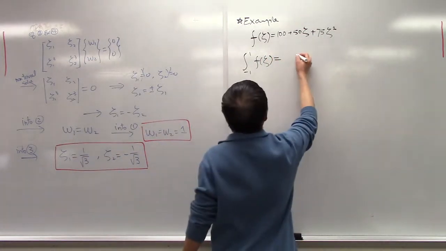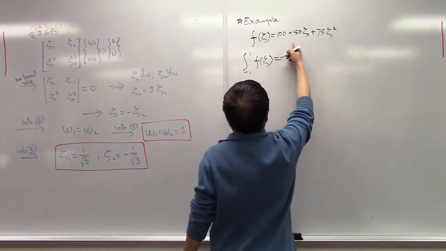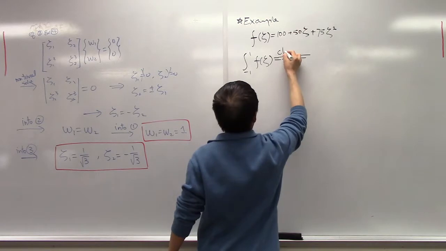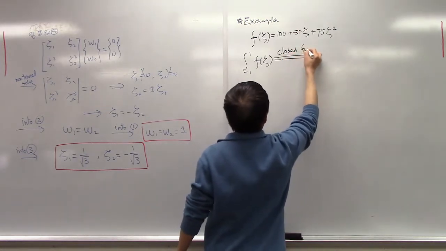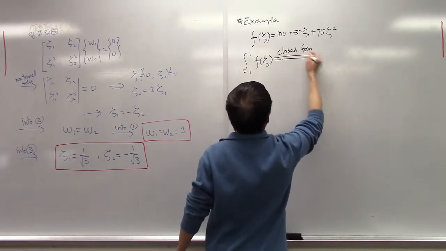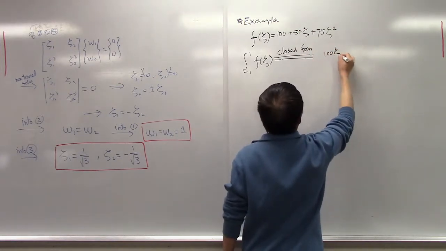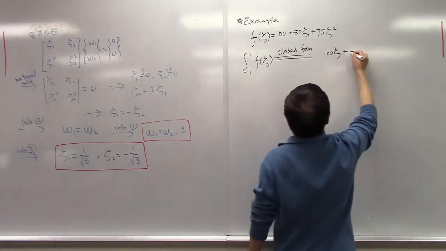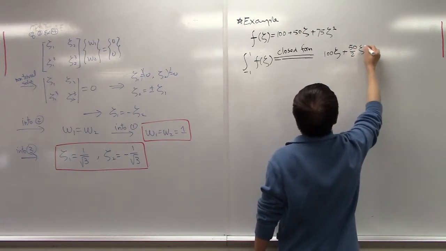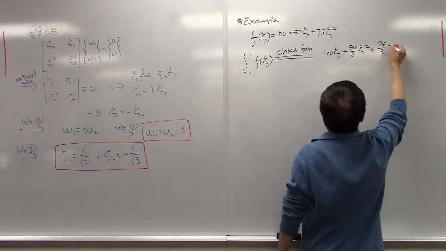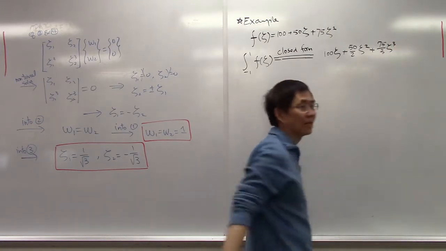This one is very easy to integrate in closed form. The first term is 100 theta, the second is half of 50 theta squared, the third is 75 times 1/3 theta cubed.